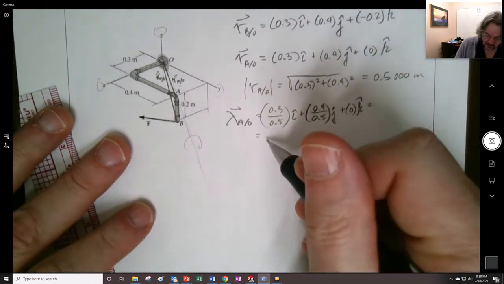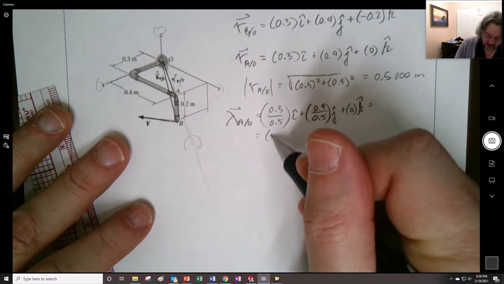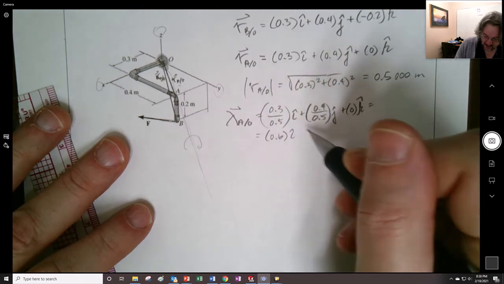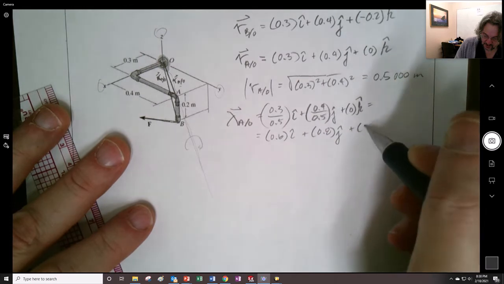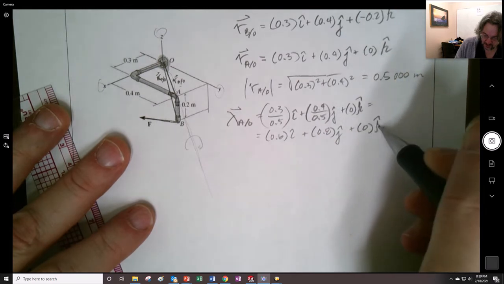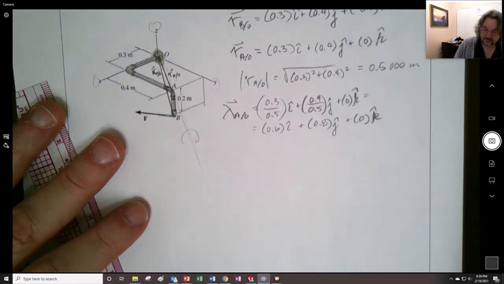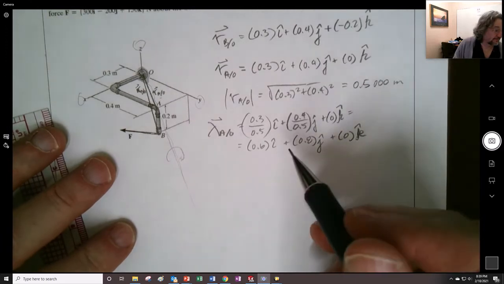So we end up finding it's going to be 0.6 I plus 0.8 J plus 0 K.